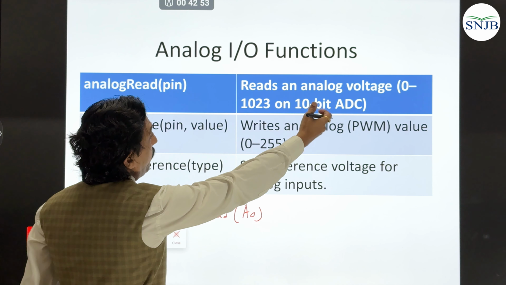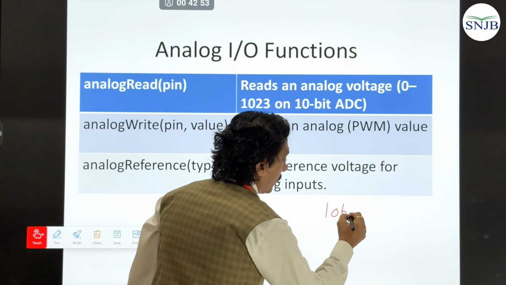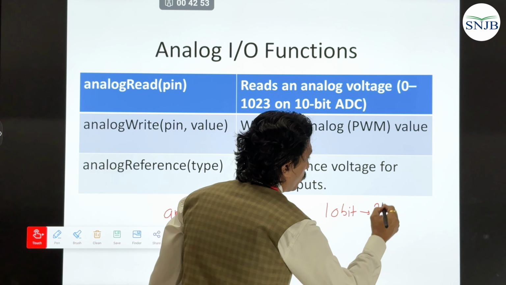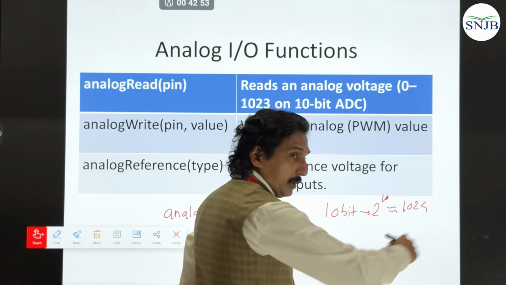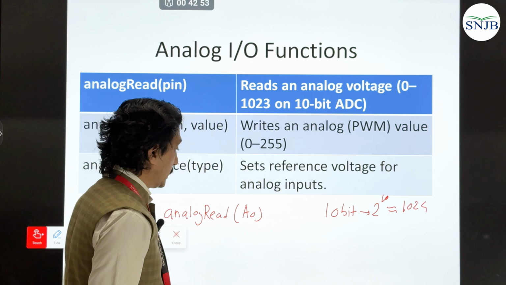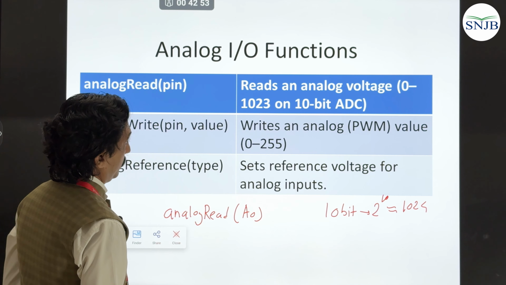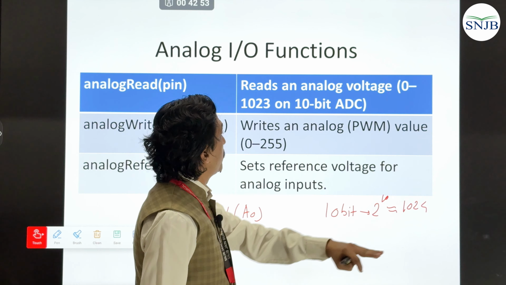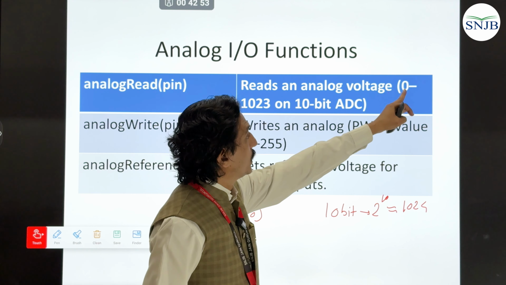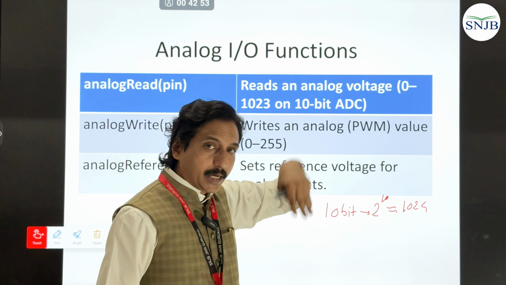It gives us a value of 10-bit resolution. 10 bit means 2^10, which is 1024, so that many values we can receive on analogRead. It reads an analog voltage from 0 to 1023 using the 10-bit analog to digital converter.